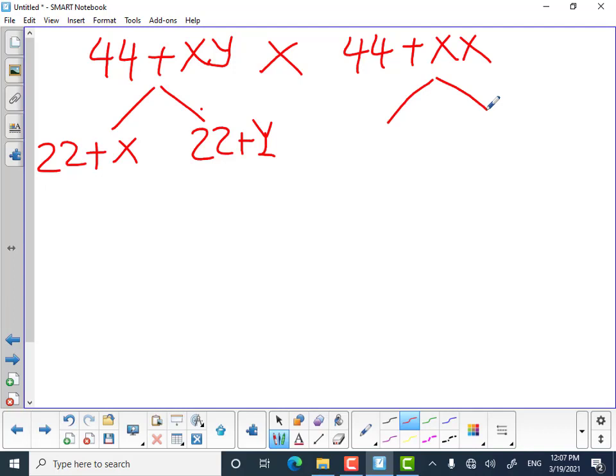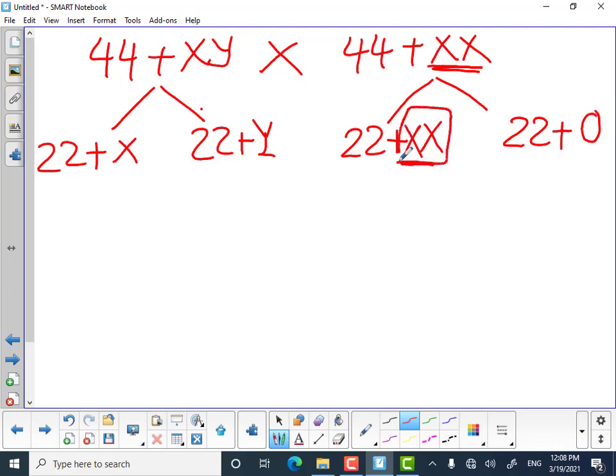When meiosis happens, unequal division will occur in the sex chromosomes. One gamete will take both X chromosomes, and the other gamete will be 22 plus 0.